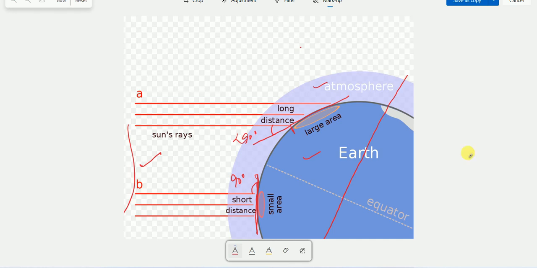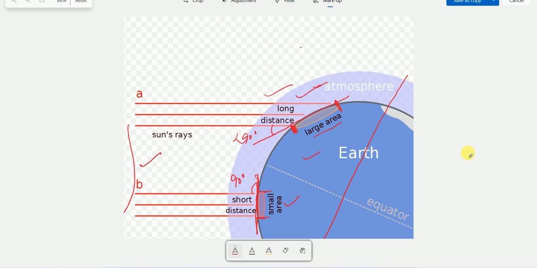In the case of oblique or inclined rays, the surface area coverage is more, as you see here. The inclined rays cover a greater area as compared to the vertical rays of the sun. That is why heat is concentrated in a small area in the case of vertical rays as compared to the inclined rays.